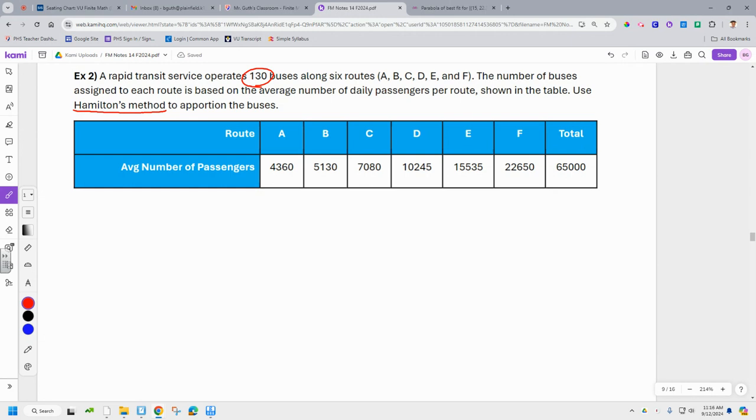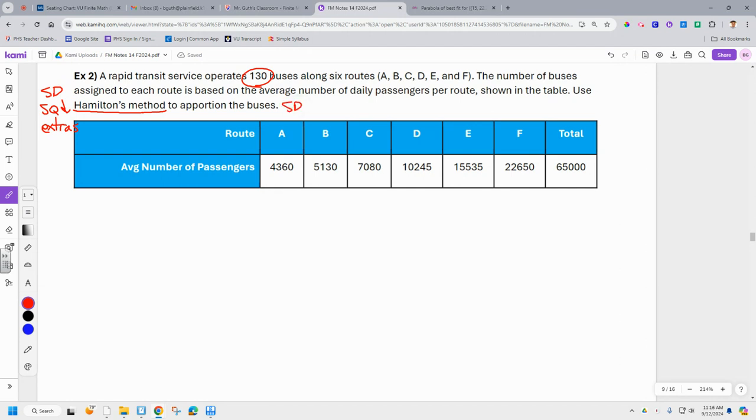All right, Hamilton's method. Hamilton's method uses the standard divisor. We find the standard quotient, we round down, and pass out the extras. I would probably just go back and jot that down until you're comfortable with it. I don't know that you'll ever have it memorized, but jot that down until you feel good about what Hamilton's method says to do. We need to find the standard divisor.